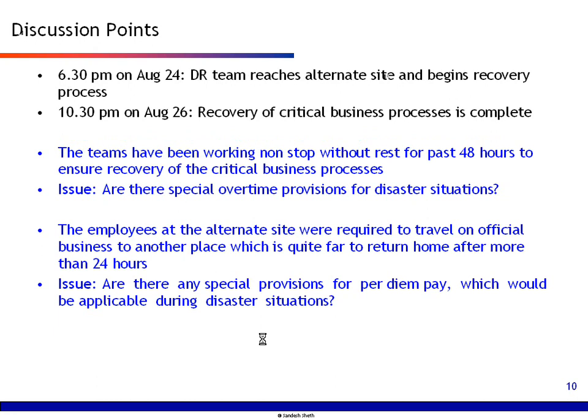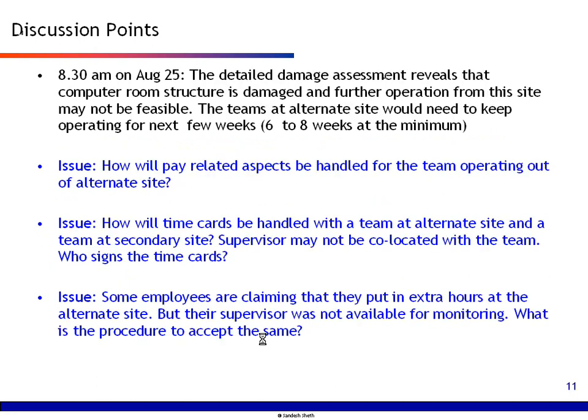It's 8:30 a.m. on August 25th, and the detailed damage assessment reveals that the computer room structure is damaged and further operation from this site may not be feasible. The damage assessment reveals that it would take 6 to 8 weeks at a minimum.